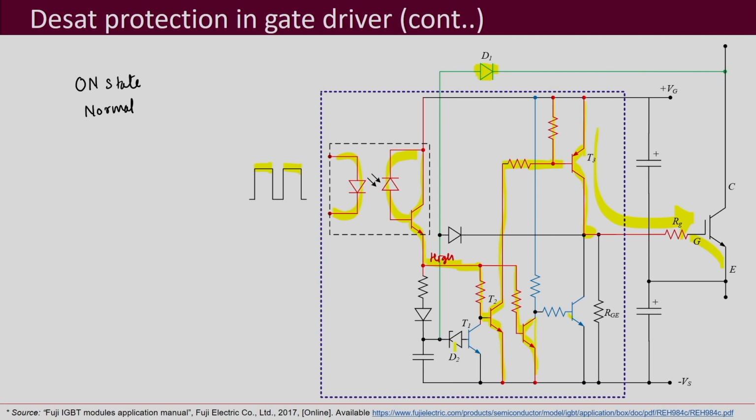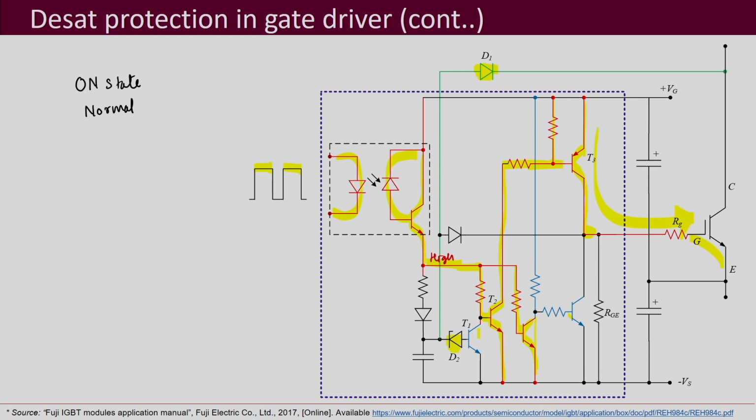So, whatever the Zener diode that we had selected, the Zener voltage, this potential which is of this collector potential is not greater than what it should be for fault condition. So, then this T1 will be off, because this will not allow the high to be coming here. Okay. So, then this is normal off state.